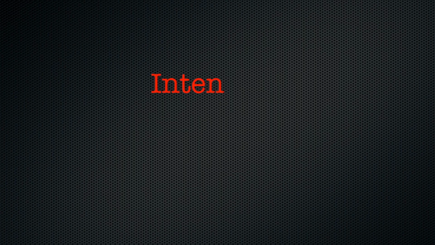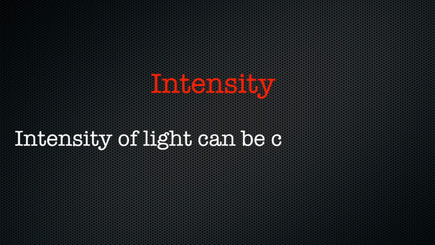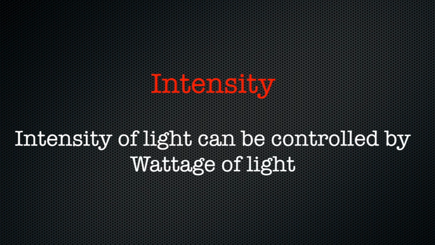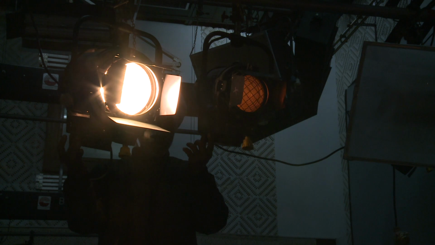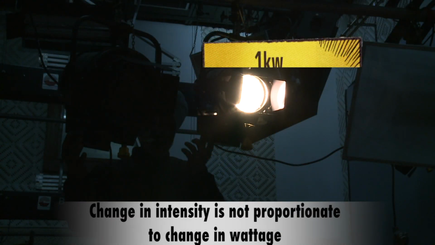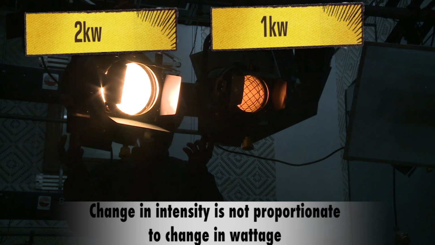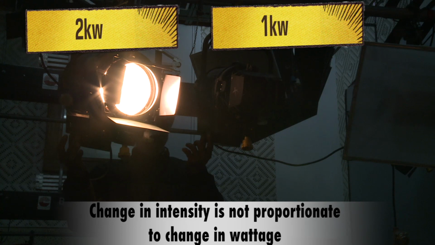So, this was about color temperature, and next is intensity. Intensity of light can be controlled by wattage of light. For example, the intensity of a 1 kilowatt light is less as compared to the intensity of a 2 kilowatt light. However, change in intensity is not proportional to change in wattage.